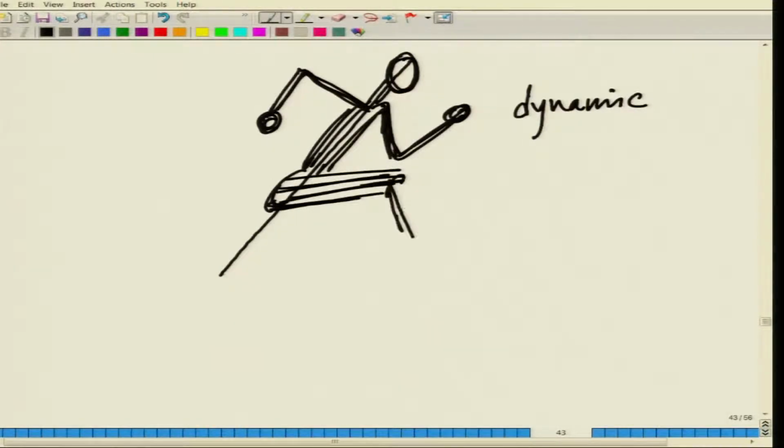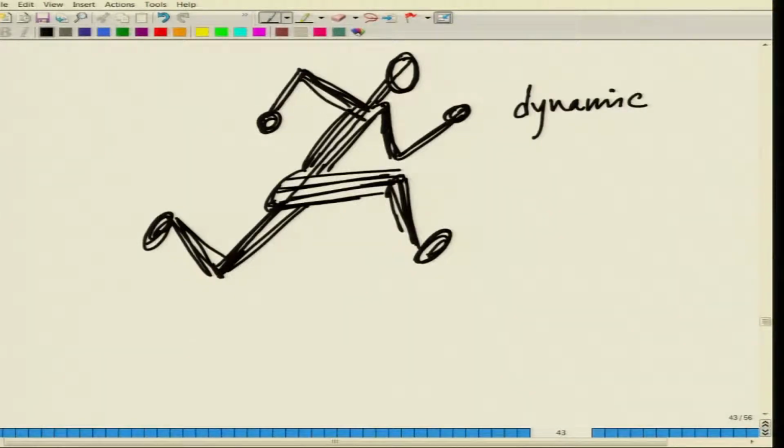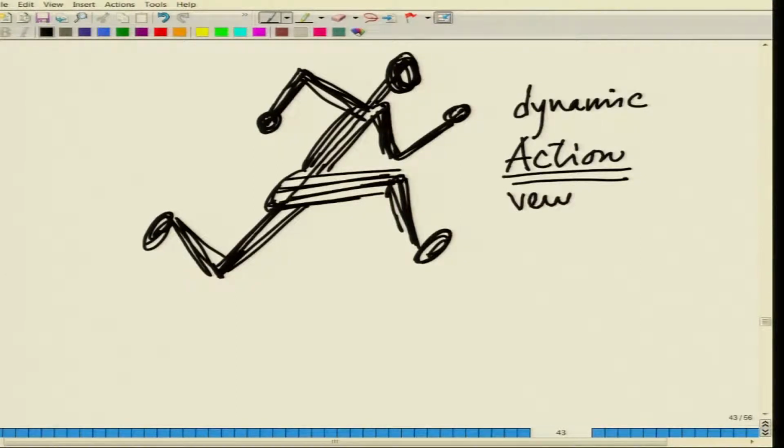One diagonal line, another one, another diagonal line here. So, with one or more diagonal lines, we can give it an action. So, this form is actually very active. It is running.